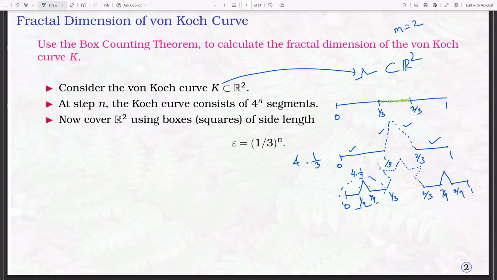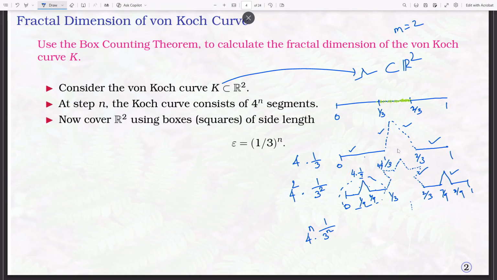The same holds for each of the other parts. So at the end of the second iteration we have 4 power 2 line segments, each of length 1 by 3 squared. You can continue this process, and after the nth step one gets 4 power n line segments, each of length 1 by 3 power n.